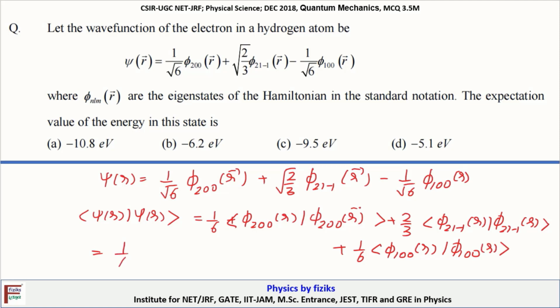That means 1 by 6 plus 2 by 3 plus 1 by 6 equals 1. So psi r is normalized.